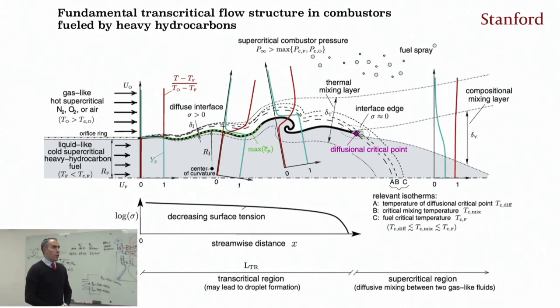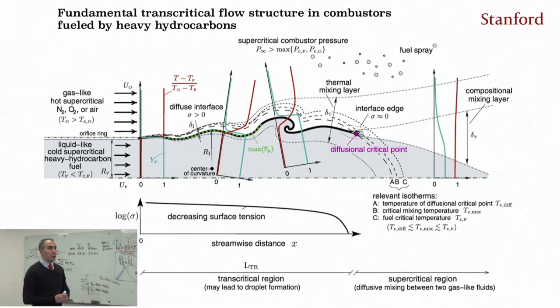And then a core of liquid-like, supercritical heavy hydrocarbon fuel. You need to understand too that we focused on heavy hydrocarbons because they have very high critical temperatures, and that's essential for these transcritical structures to survive.